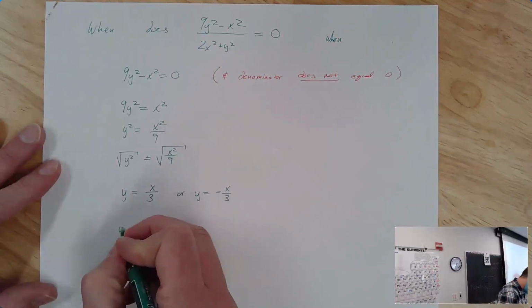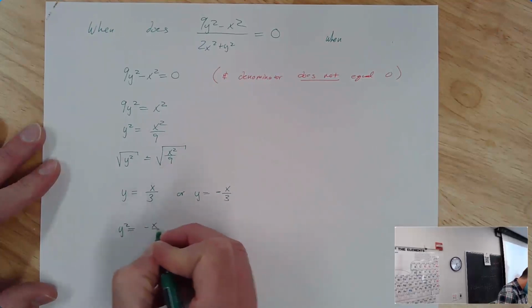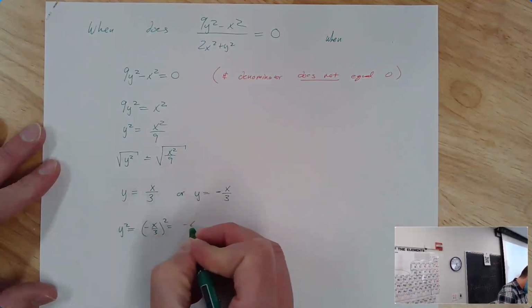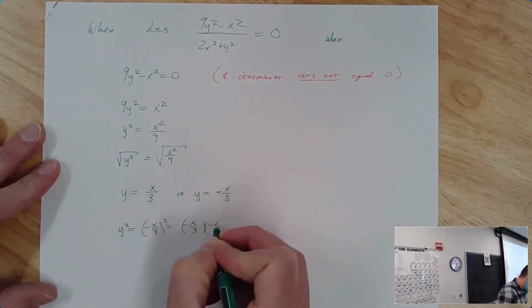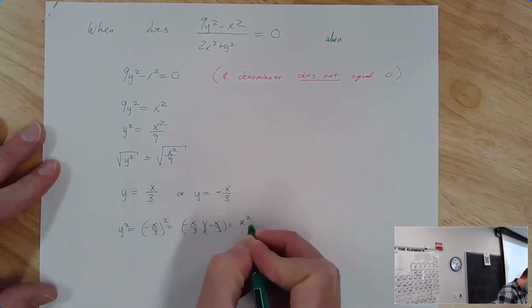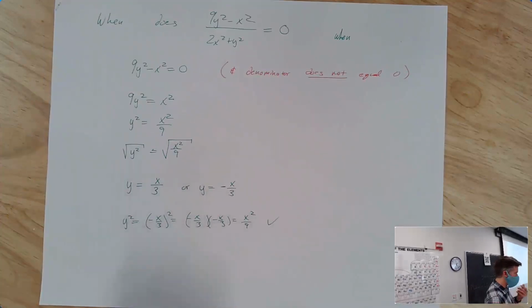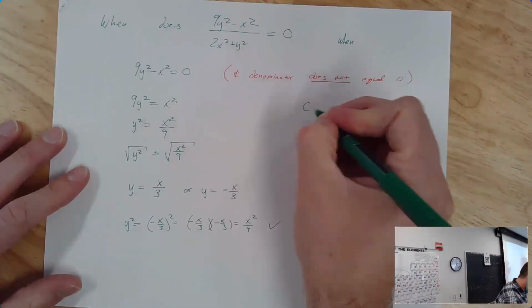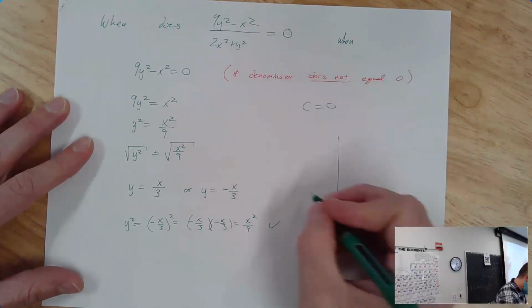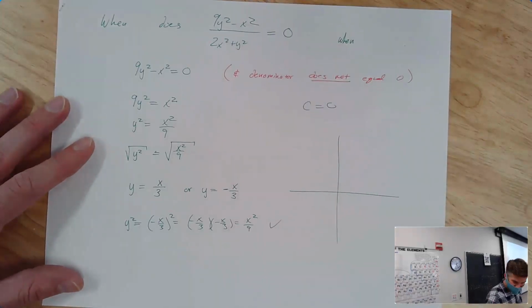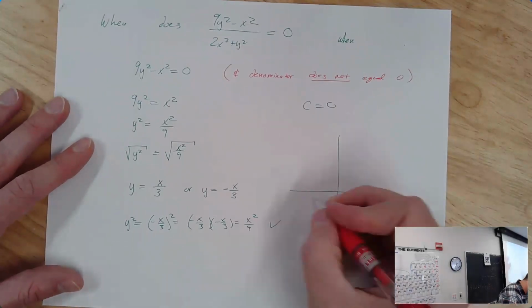Yeah, right. y squared would be negative x over 3 squared, which is negative x over 3 times negative x over 3. Oh, yeah. So here are our interesting level curves, or I should say, our level curve, period, 1. This is one level curve when c equals 0. And it looks like this.